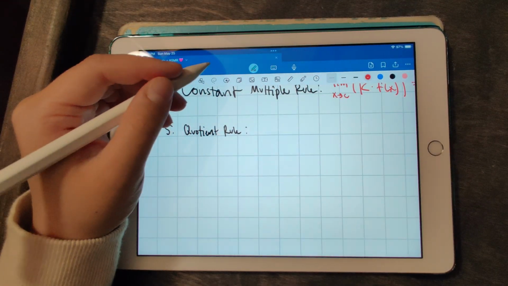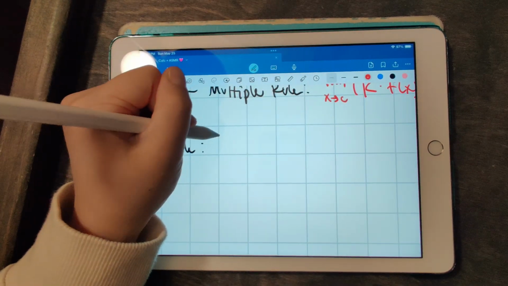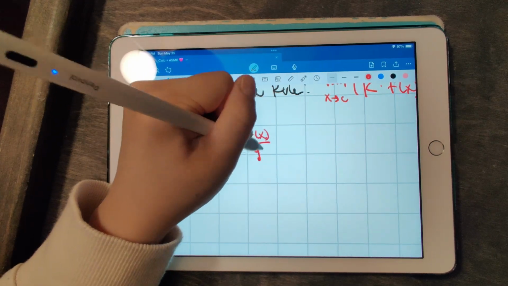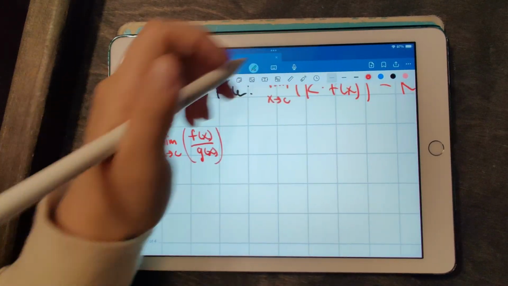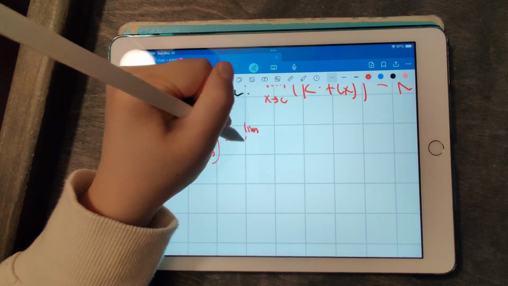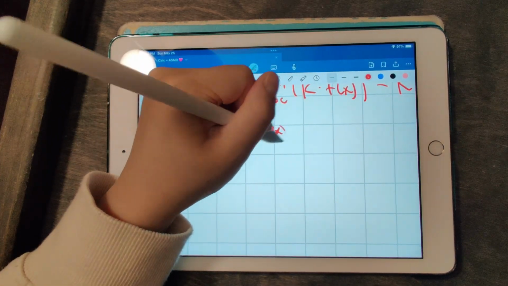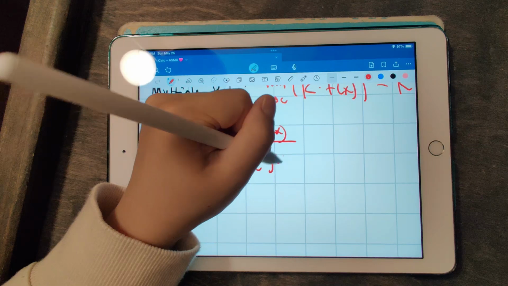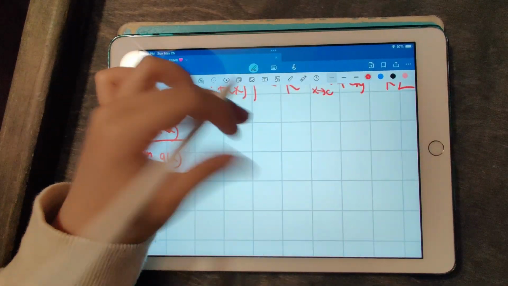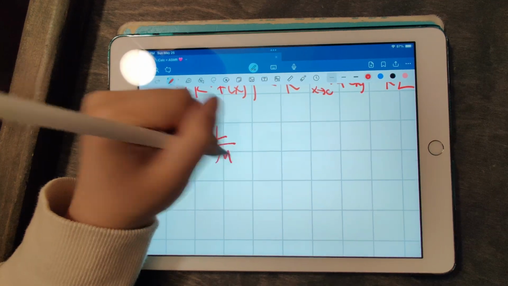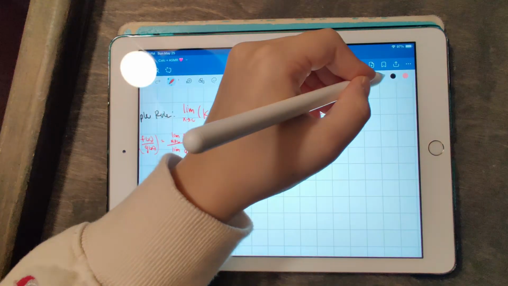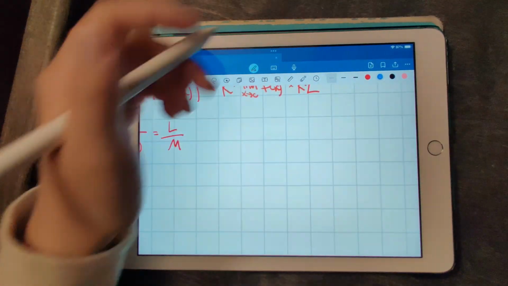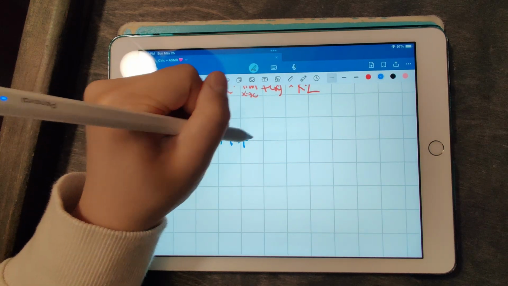The quotient rule basically states that the limit as x approaches c of f of x over g of x equals the limit as x approaches c of f of x over the limit as x approaches c of g of x, which equals L over M. There is a very crucial rule that we have to keep in mind here, specifically for the quotient rule, and that is that M cannot be 0.